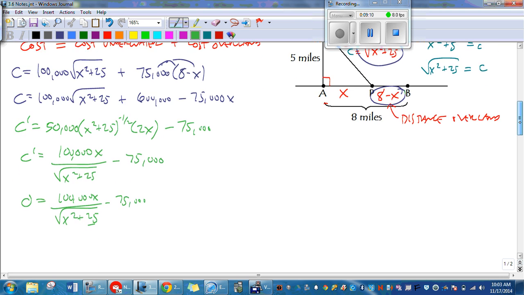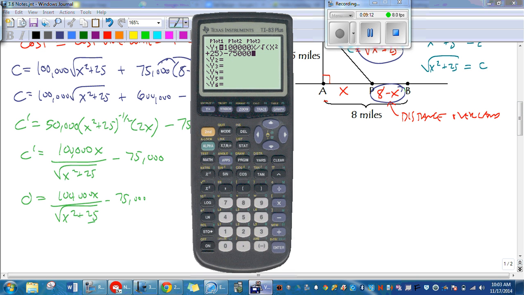So with that in mind, when I go to graph this, I know I'm going to be okay as long as I'm going from 0 to 8. So I'm just going to go ahead and change my window. Our x-min, I'm going to do 0, x-max is 8. So we end up with one critical value right here. So we can figure that out. We do second trace.